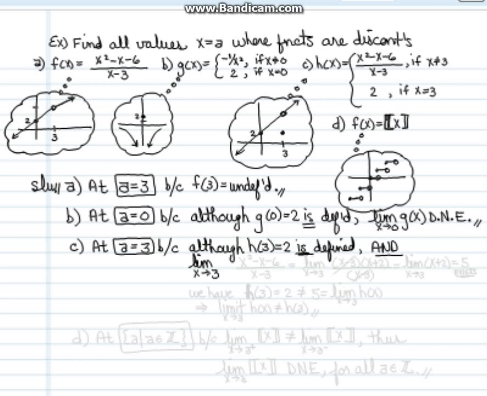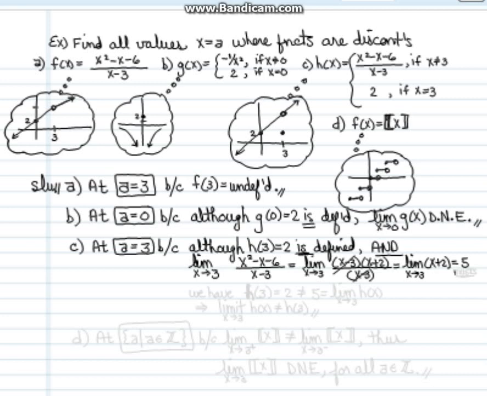You factor the top as x minus 3 times x plus 2, and cancel the common factor of x minus 3 on the top and bottom, and then you evaluate the limit as x approaches 3 of the remaining factor x plus 2, and you get 5. So it turns out the limit does exist at x equals 3.